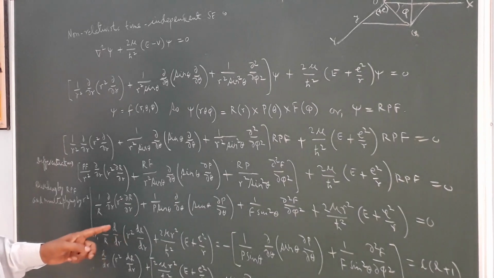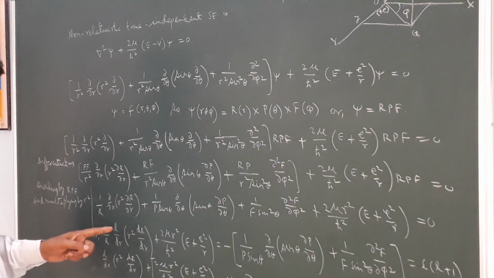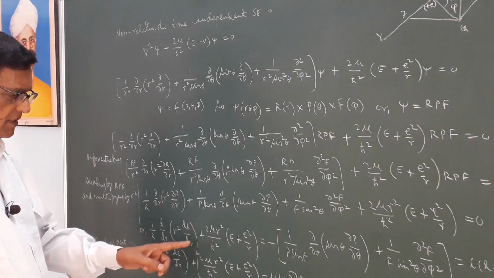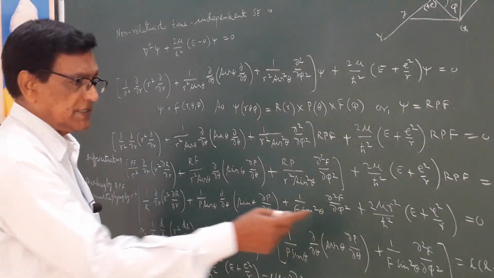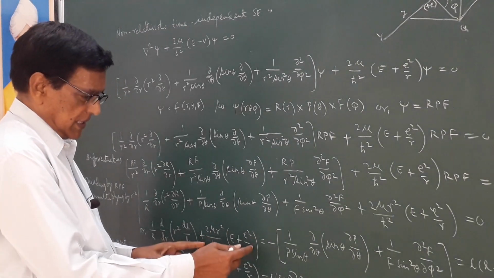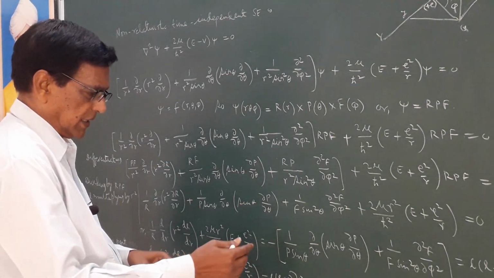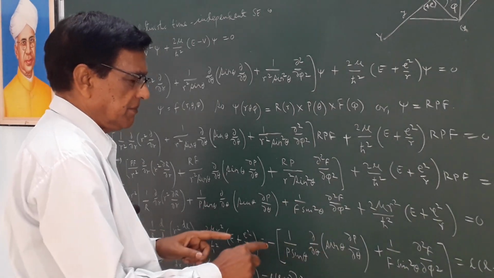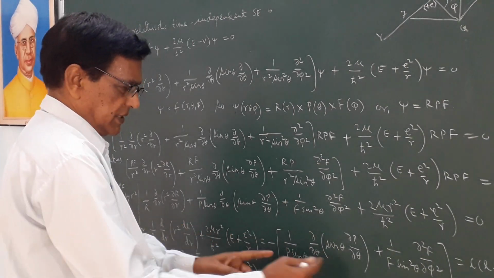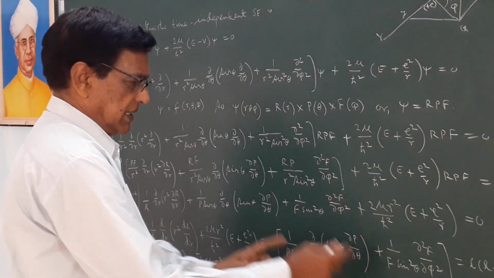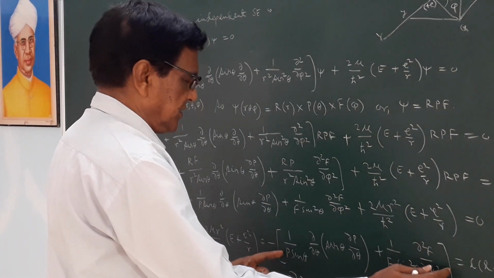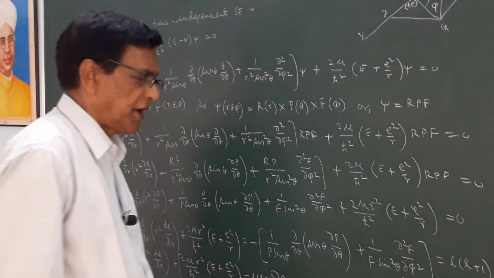So del is replaced by d by dr, r square dR by dr, plus this term coming here, equal to, and this angular part is taken to the right-hand side with a minus sign, and this one and this one also come here, and each side of these equations is independent.